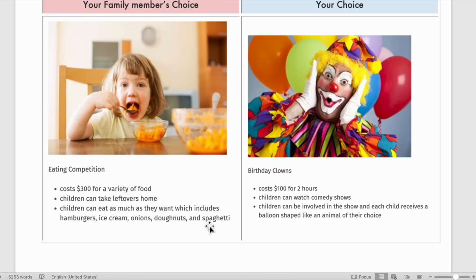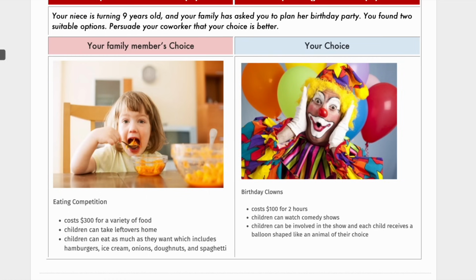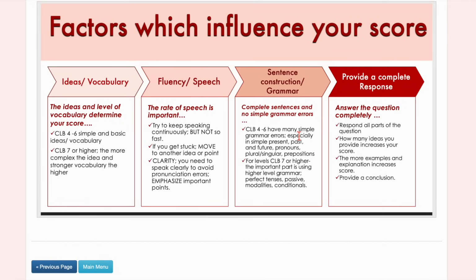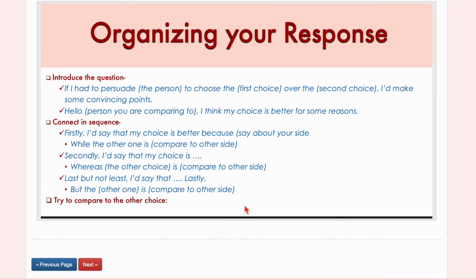And I think that that's the best way to answer this question, and that's what I'm going to try to do. And also, don't forget that I am following the structure, or the way to organize my response, from our Speaking Part 5 guide, okay?